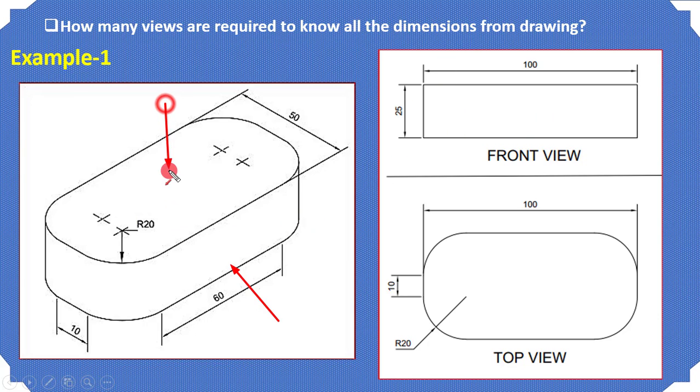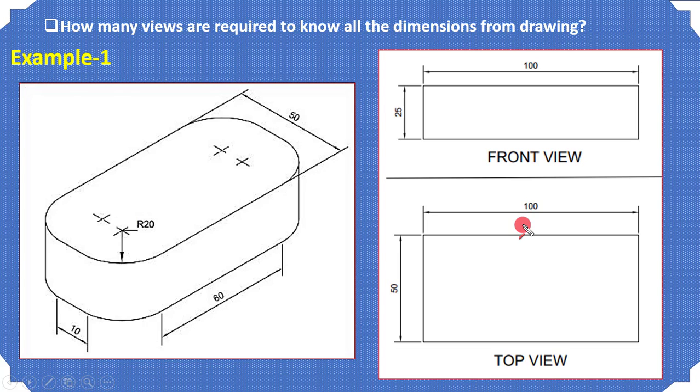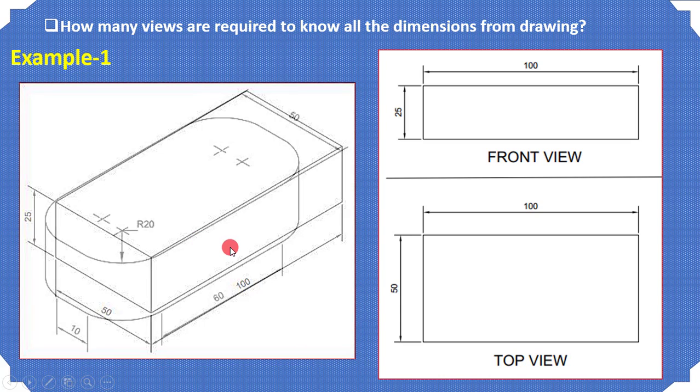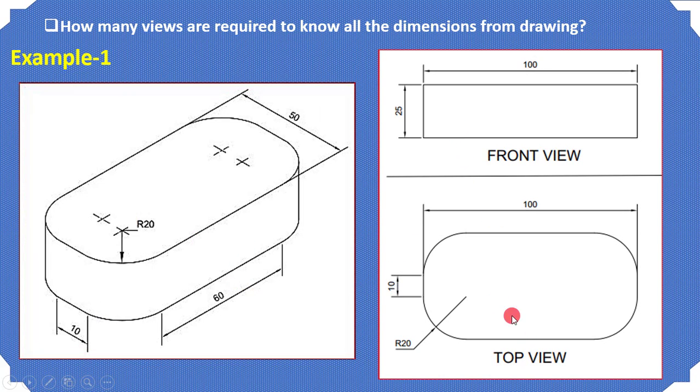And if you see the same object from the top, the top view will look like this. So this front view and top view of this object is different from the front view and top view of this other object. Now the confusion is not there.